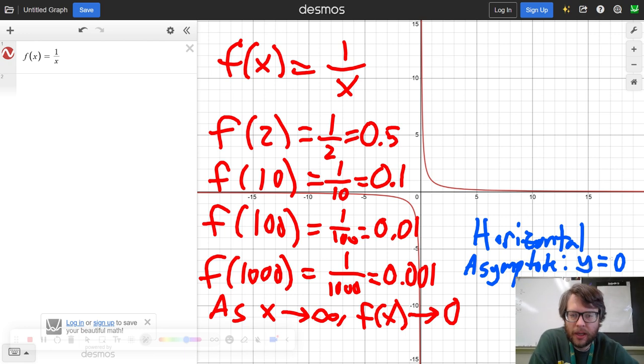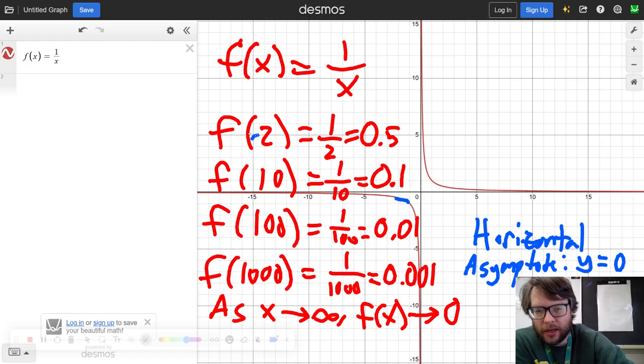Now you might notice my graph also has a left side on it over here. That is because if I change my x value to a negative, that changes my y value to a negative as well. If I plug in negative 10 and I do 1 divided by negative 10, I get negative 0.1.